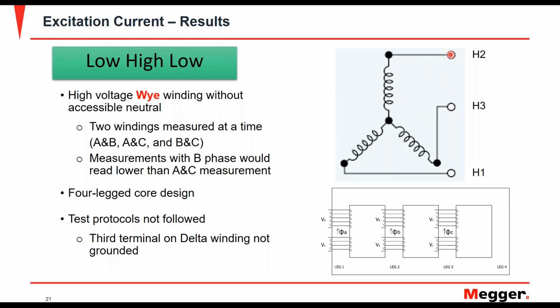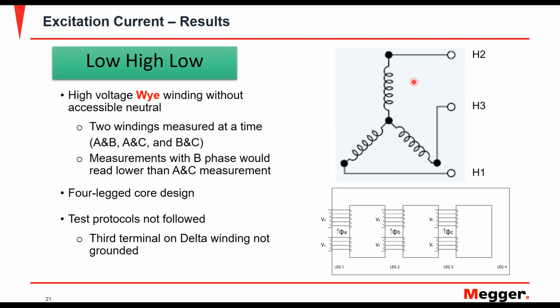Similarly, when you go from H2 through H3, you're still going to involve the B phase, and because it's the inner phase, you're going to have a slightly lower magnitude of excitation current. Now, if you move on and test from H3 to H1, you do not have the B phase involved, so that magnitude is going to be higher.